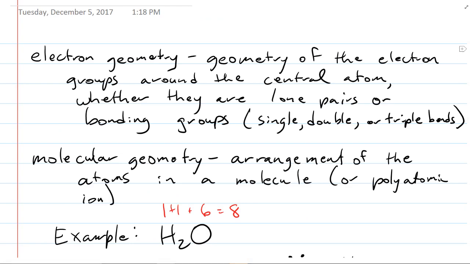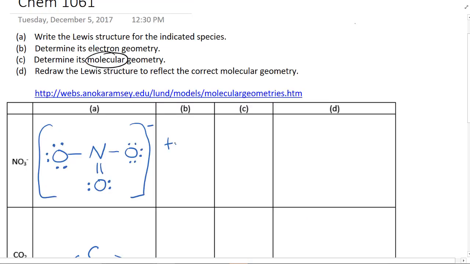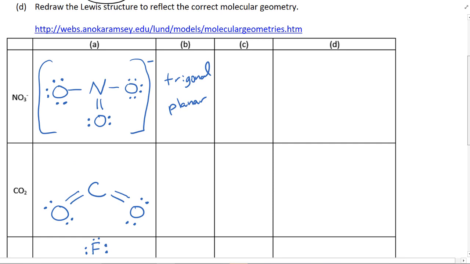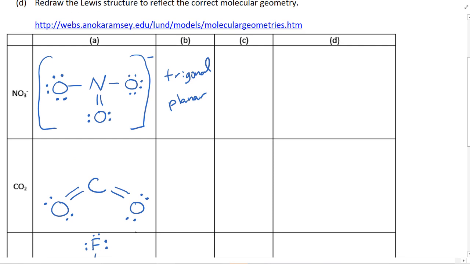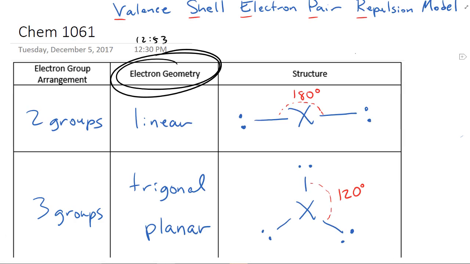We count the total number of groups around there. We'd say that the electron pair arrangement is trigonal planar. And if we go to the carbon dioxide, how many groups are there around the central atom? 2. So if we have 2 groups around the central atom, we say the arrangement is linear.